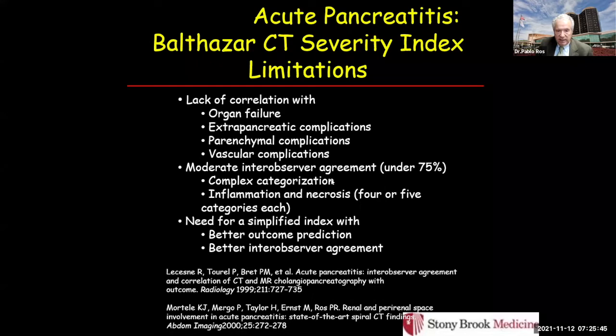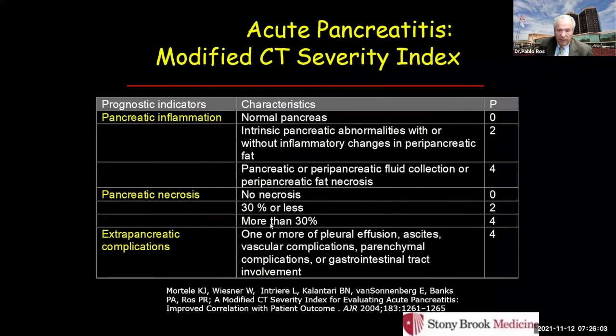With the Balthazar Severity Index, there is under 75% moderate inter-observer agreement with complex categorization, particularly necrosis. It's complicated to assess consistently among readers. So there was a need for a simplified index. I don't know if we simplified it or not, but we added the extrapancreatic complications and it seems to work a little bit better.